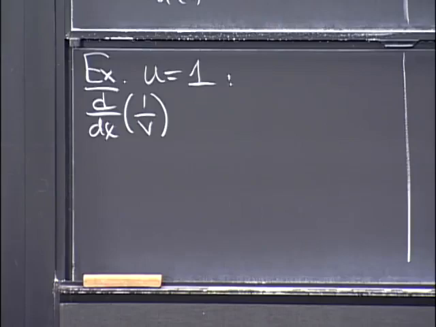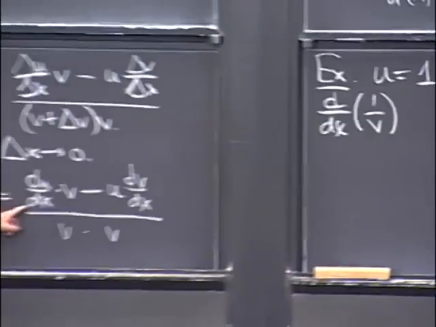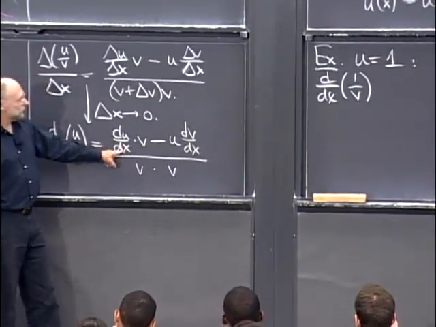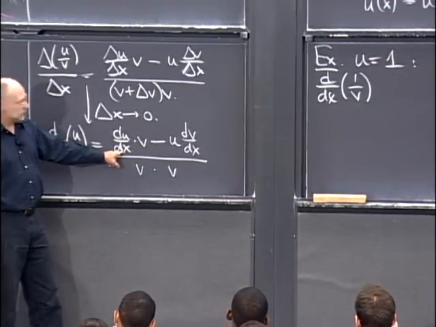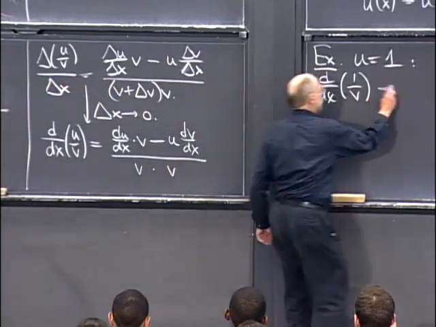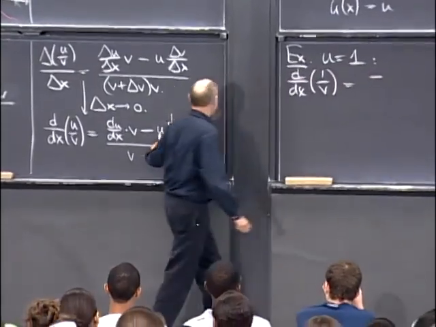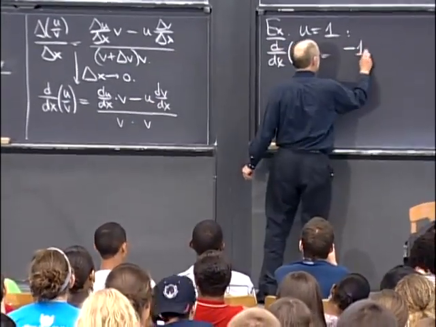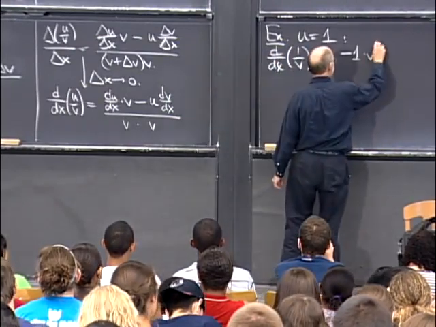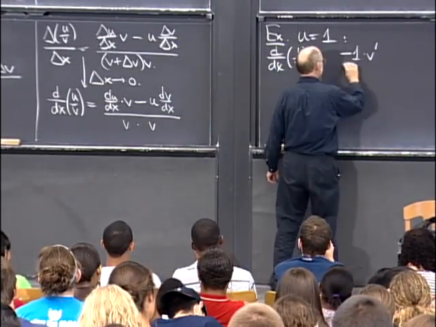Here's a copy of my rule. What's dU/dx in that case? U is a constant, so that term is 0 in this rule. I don't have to worry about this. I get a minus, and then U is 1, and dV/dx, well, V is whatever V is. I'll write dV/dx as V prime.